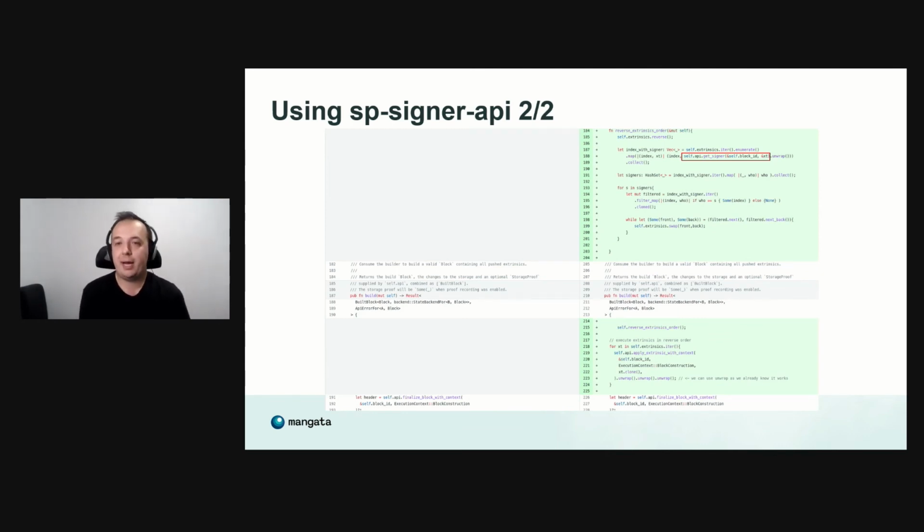And once we get access to our signer API, we can interact with that API through the API objects that can be instantiated through the client, the runtime client. And using that information, we can just take the list of all extrinsics, reverse them, and then find the list of all accounts that submitted extrinsics within a given block and reverse their order.